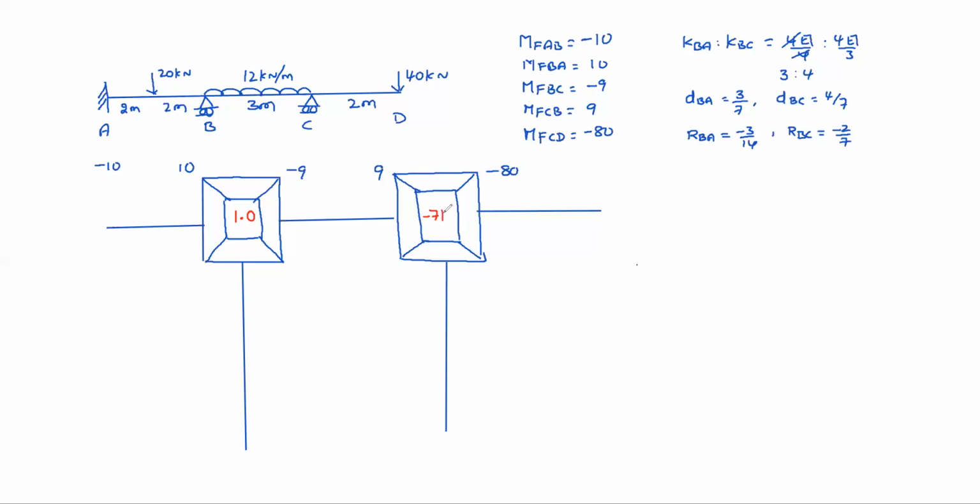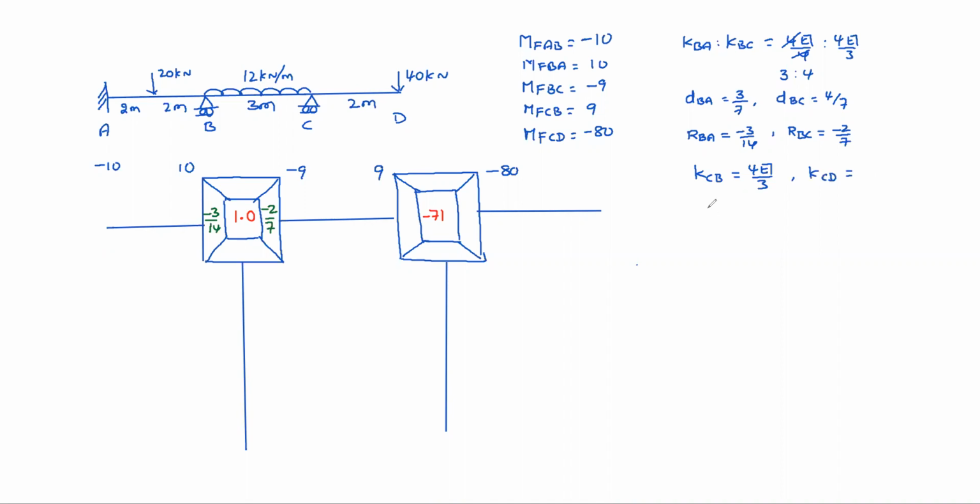Okay. Next, rotation factors. BA minus 3 by 14, and minus 2 by 7. If you want to write here, KCB equal to 4EI by 3 and KCD equal to 0.